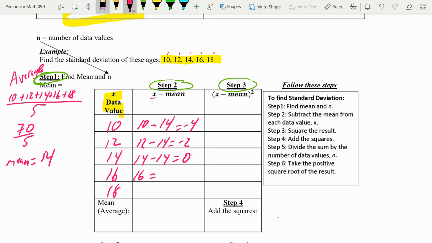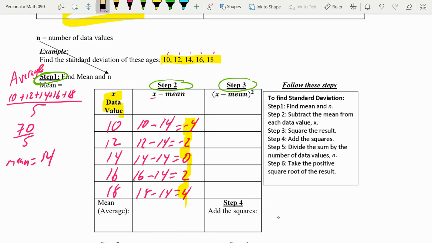So 16 minus 14, and then 18 minus 14. Now if you look, all these numbers kind of cancel each other out.